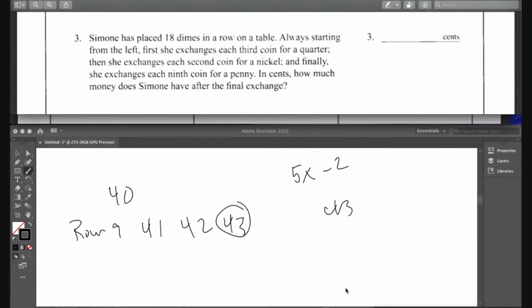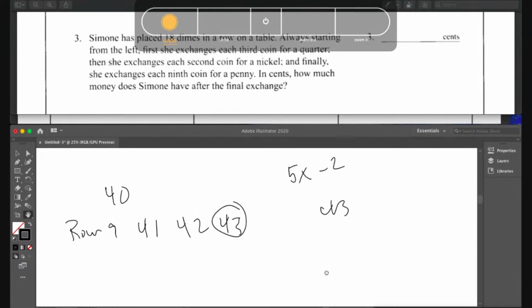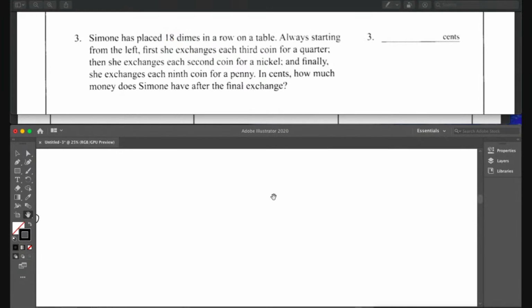Well, it's only 18 coins, so it's not that much. That's true. But you could also just write out all the coins.